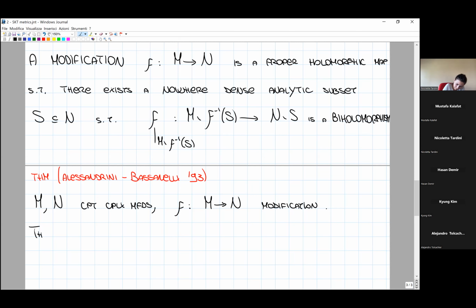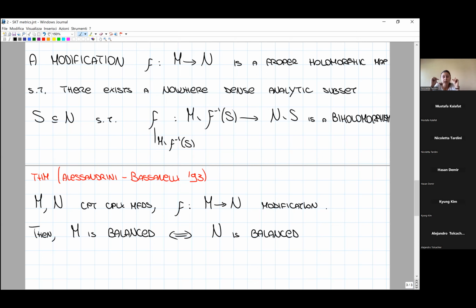Then M is balanced, which means for me that M admits a balanced metric, if and only if N is balanced, so if and only if the manifold N admits a balanced metric.